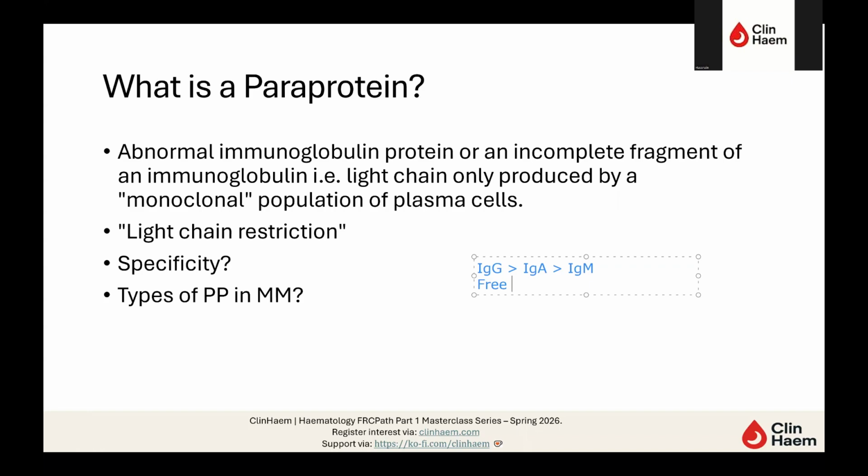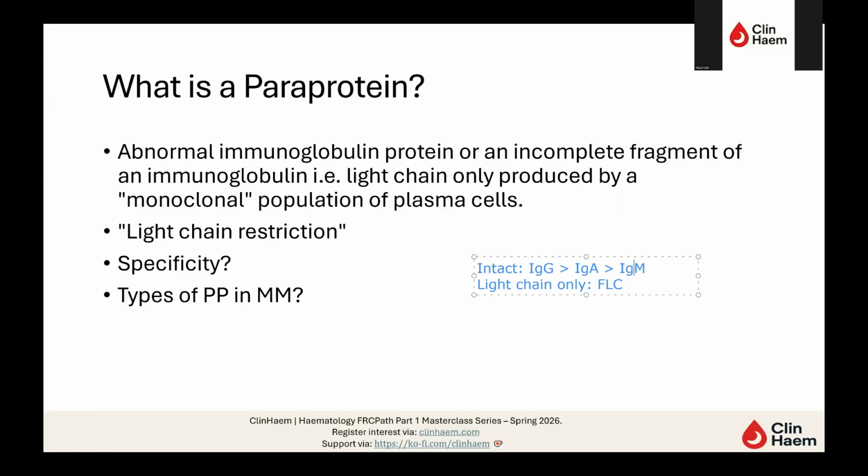Free light chains. So basically, there's a way to classify them. It can be intact immunoglobulins, which is IgG, IgA, IgM, or it could be light chains only, which is free light chains. And this will be kappa or lambda, either way.